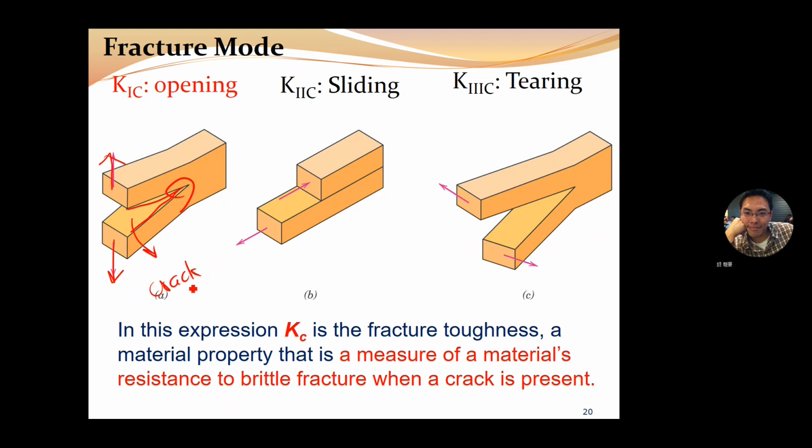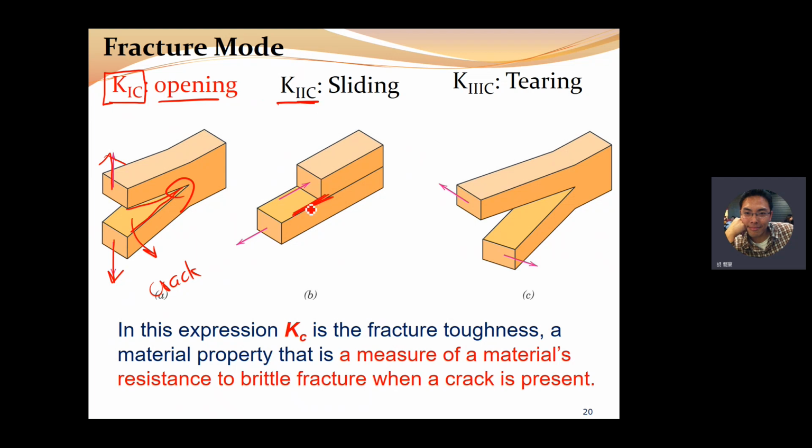Therefore, the fracture toughness of fracture mode 1 is defined as K1C. That means the fracture toughness in fracture mode 1, opening, is K1C. Mode 2 is sliding, right? It's K2C.